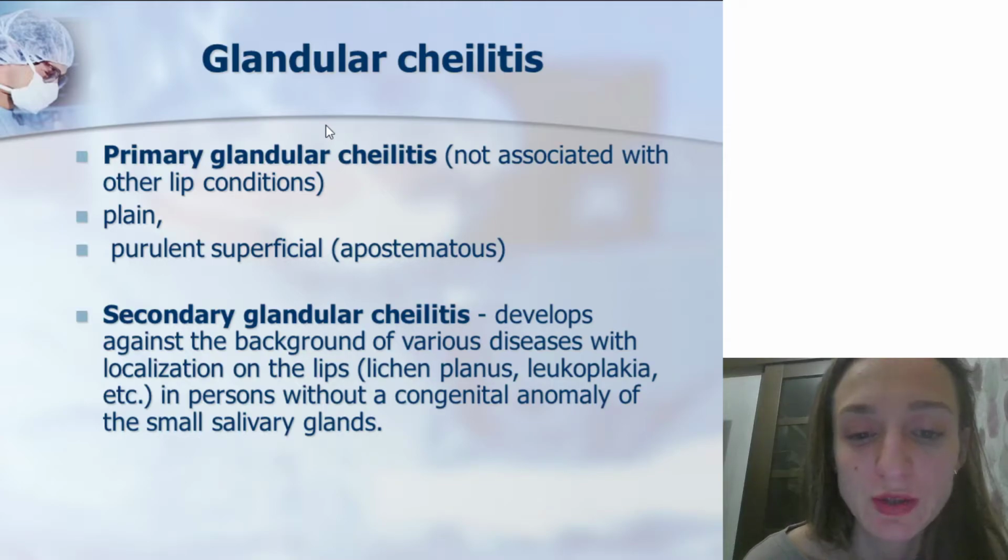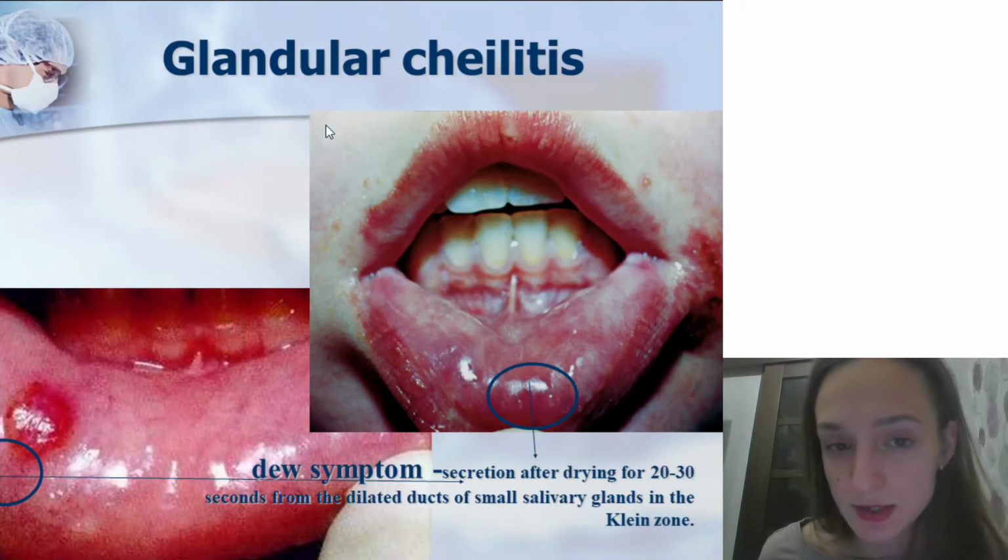Under pressure, the lip glands excrete drops of transparent or turbid liquid. It is the dew drop symptom. The red border of the lip is covered with scales. Often fissures and erosions appear on this background, and diagnostics is not complicated. Complex treatment is required.